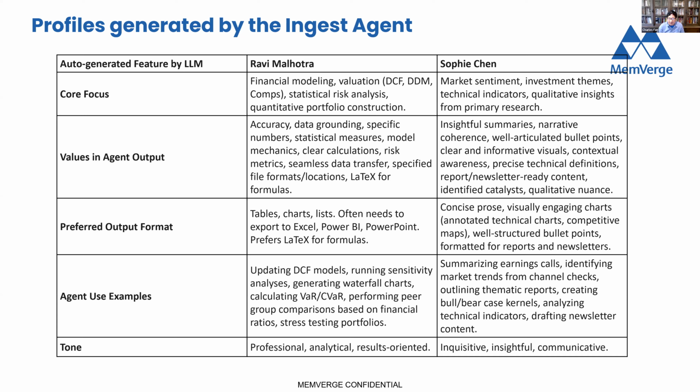Whereas Sophie is strategic and more into insightful narratives, and likes more visual, engaging charts, and so on and so forth. So just like every one of us, each user has their own ways of approaching things and a particular angle and aspect of the project that they pay more attention to.